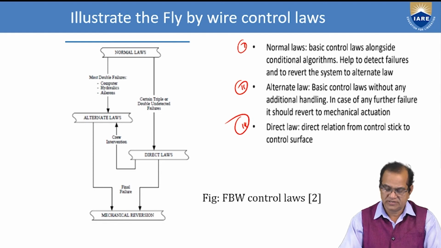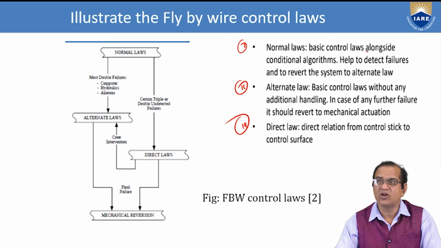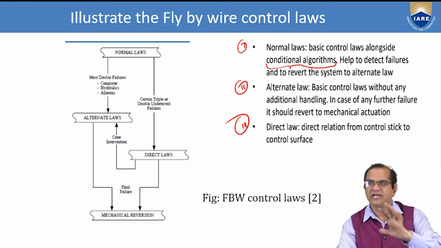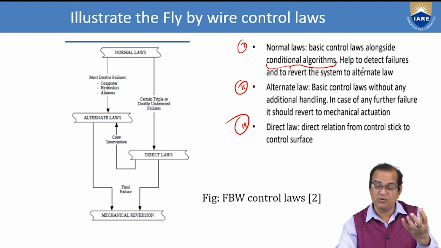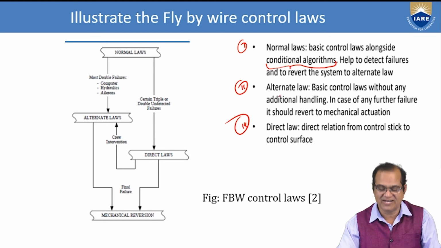The normal law means basic control laws alongside conditional algorithms. So we have to put in some algorithm, and it has to operate under this condition. If it is able to detect some failure during operation, it will revert to the alternate law.